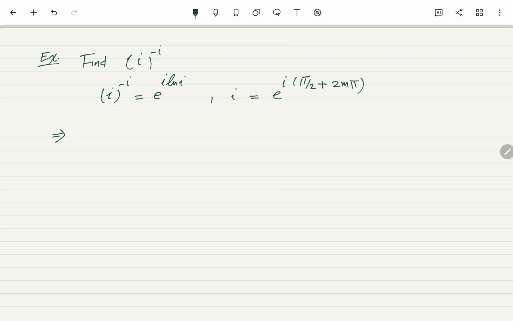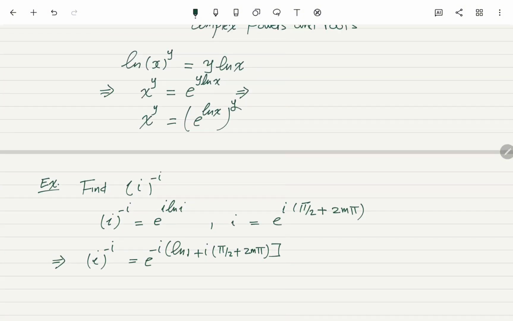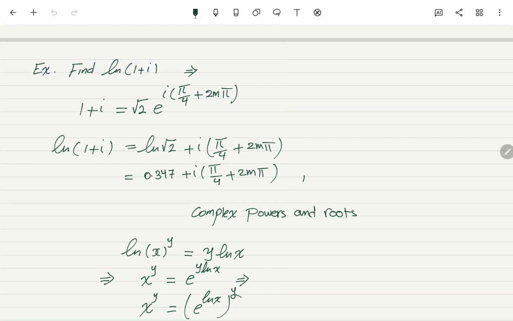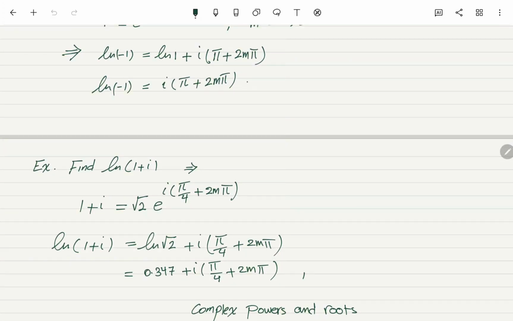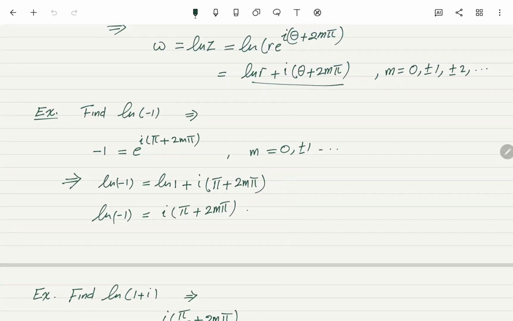Therefore, i to the power minus i equals e to the minus i times ln 1 plus i pi over 2 plus 2m pi. We just use this definition here for the logarithm.